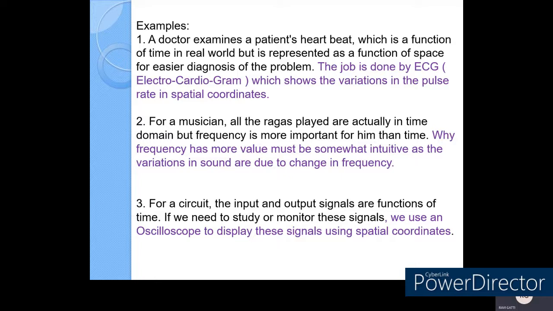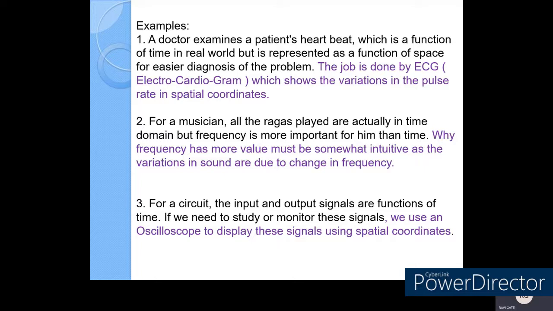And in terms of circuits, in order to analyze a given signal, we have different types of devices. For example, we have an oscilloscope. Through the use of an oscilloscope, it is possible for us to see what input signal we are applying and what output signal we are getting. We also have function generators. With the use of function generators, we are able to generate any form of signal.